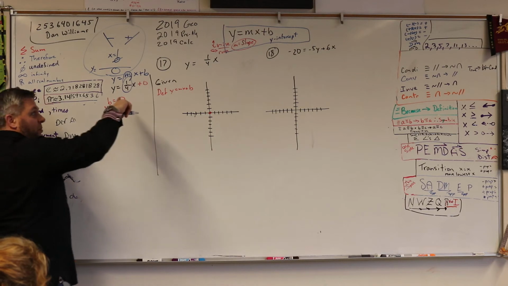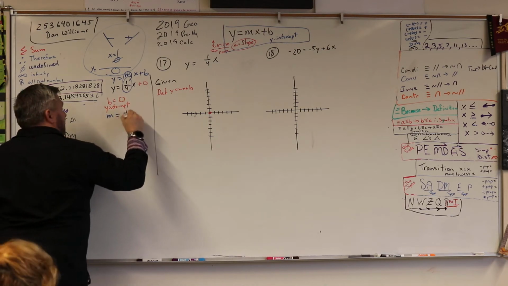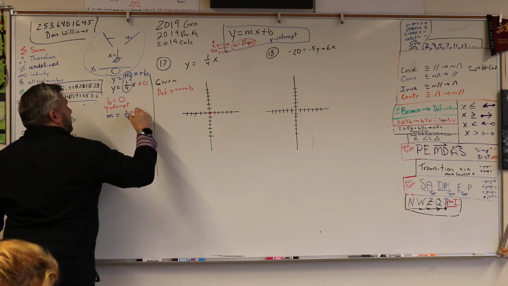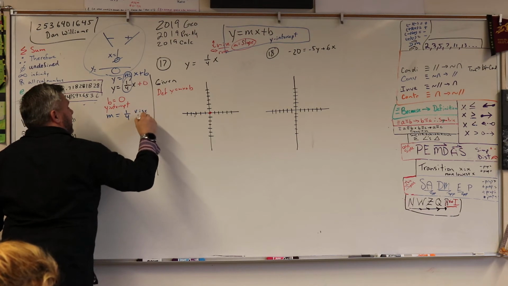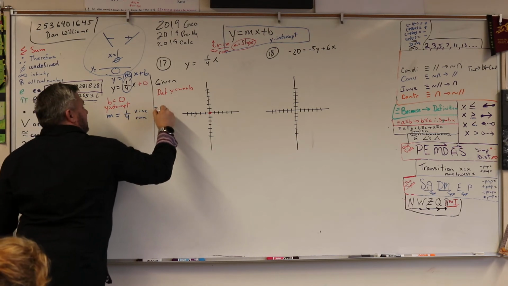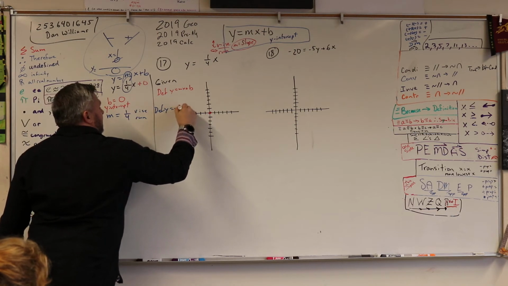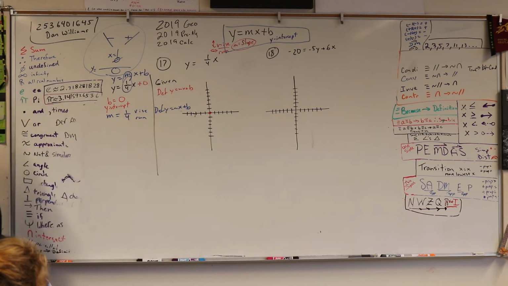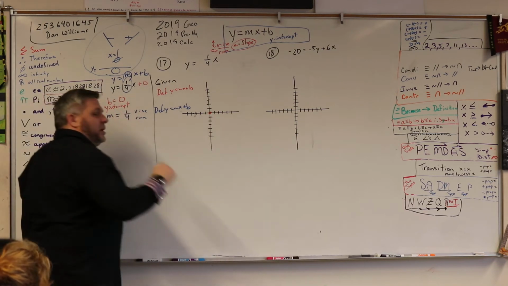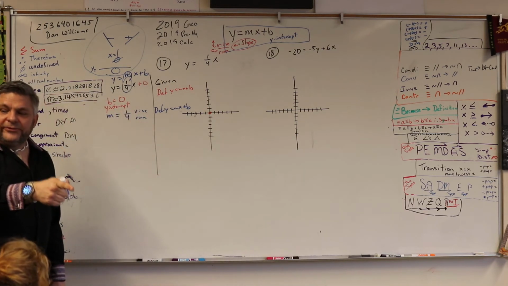Yeah, 1/4, right? So that's your rise, that's your run. Definition of y equals mx plus b. So I'm going to rise 1, and I'm going to run 4.